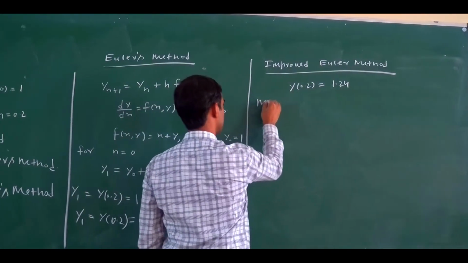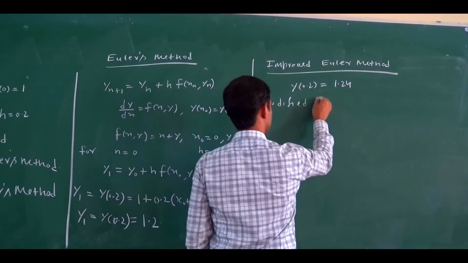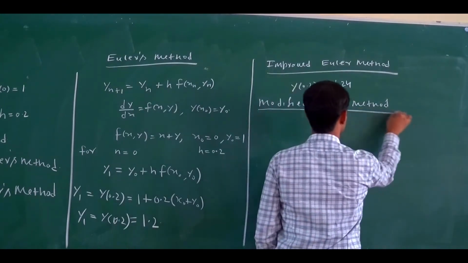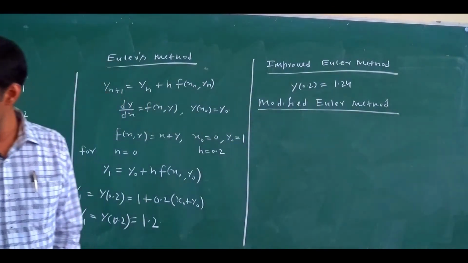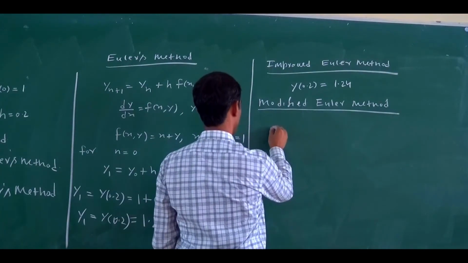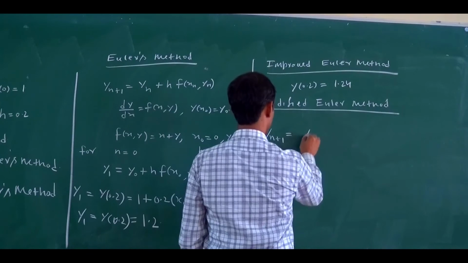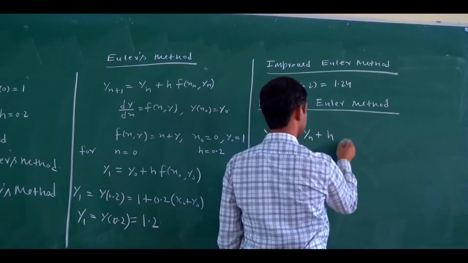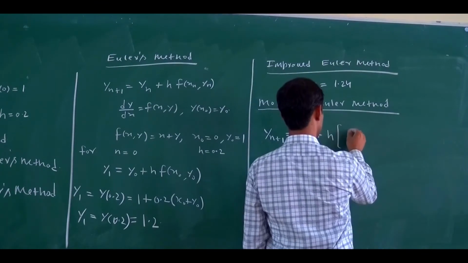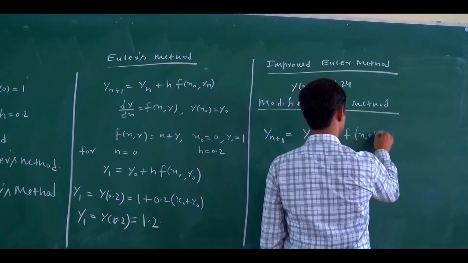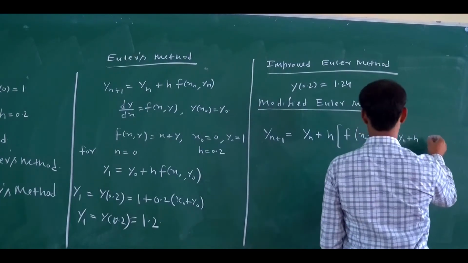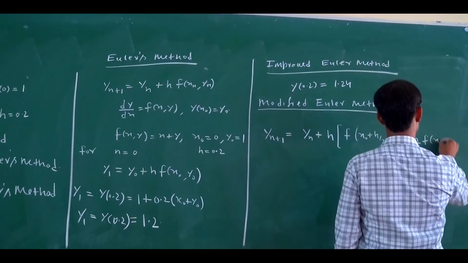Now by the modified Euler method, which is also called the polygon method, first we write the iterative scheme. y(n+1) = yn + h times the slope, where the slope is f(x0 + h/2, y0 + (h/2) f(x0, y0)).